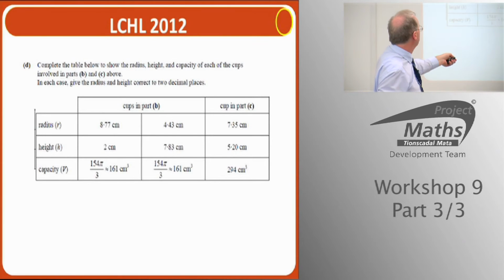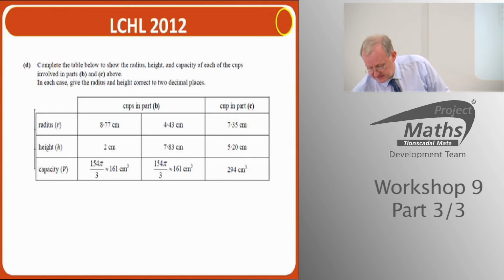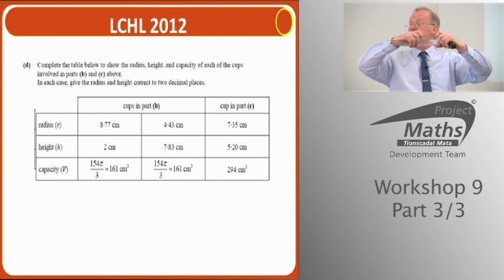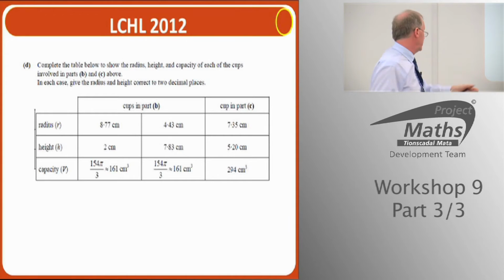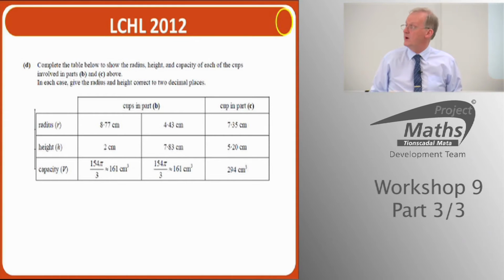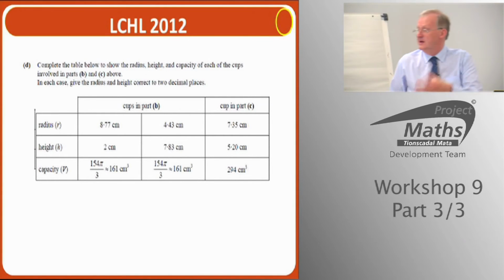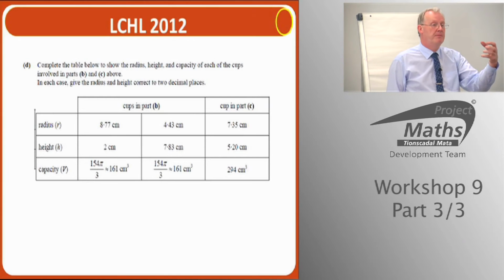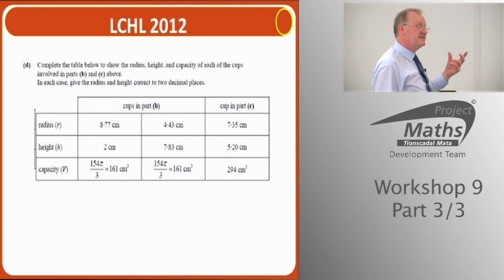Whereas this one, well, that's almost 9 on the top, which is reasonable enough with one hand, and the height kind of fits in as well. So it's a one-handed job.